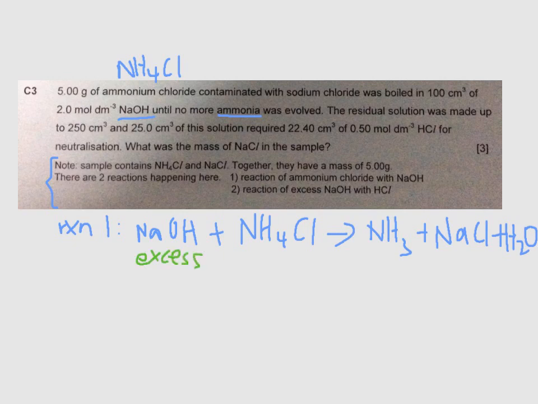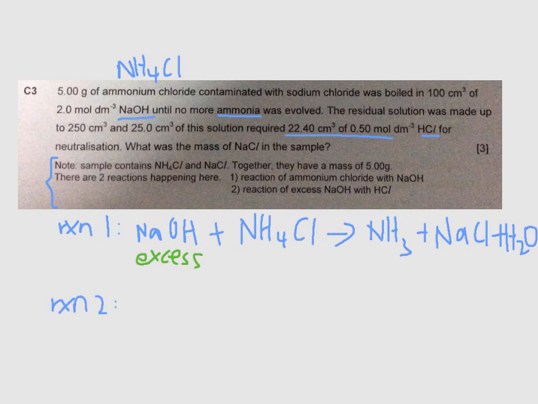And then for reaction number 2, if you read, it says that the residual solution was made up to 250 cm3 and 25 cm3 of the solution required this volume and this concentration of HCl. So you know that for back titration, reaction 2 is always a neutralization reaction between an acid and a base.